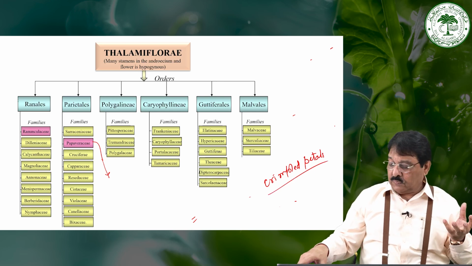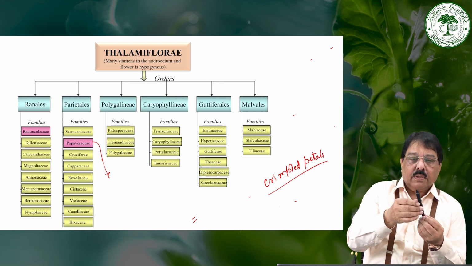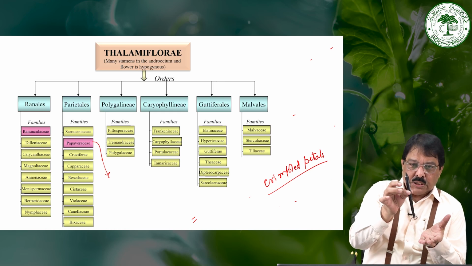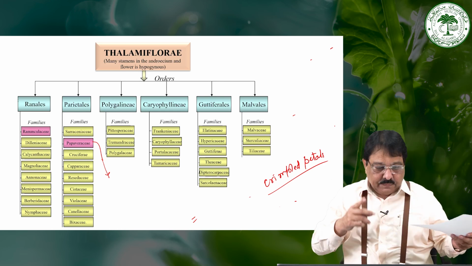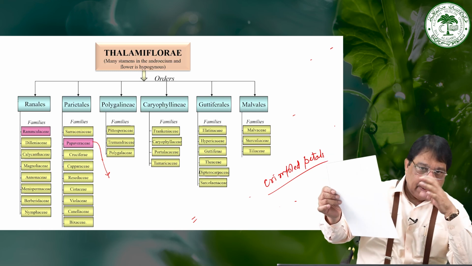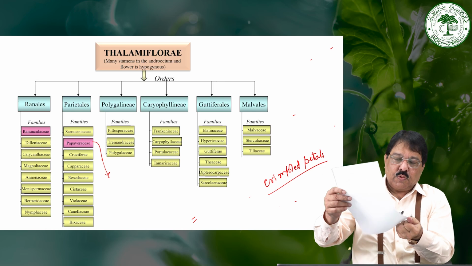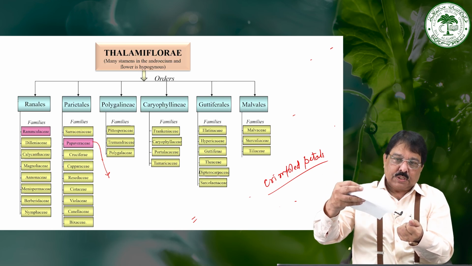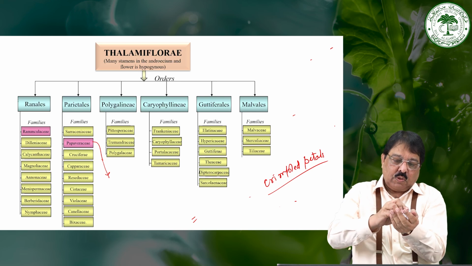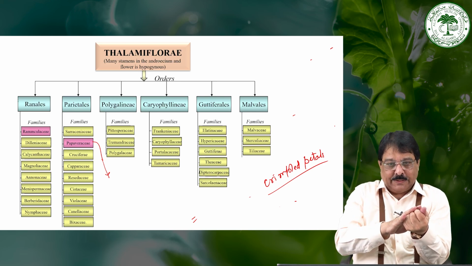Suppose this is one petal, and in case of the Papaver, there are five petals. Suppose this much size of the petal and this much size of the bud. If I said that you have to arrange this size of petal into this size of bud, it has been arranged.